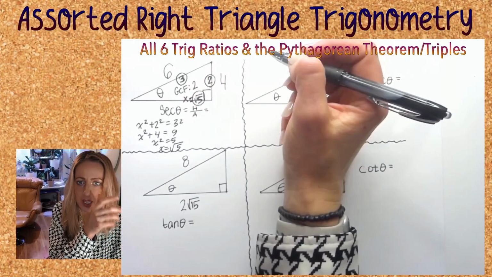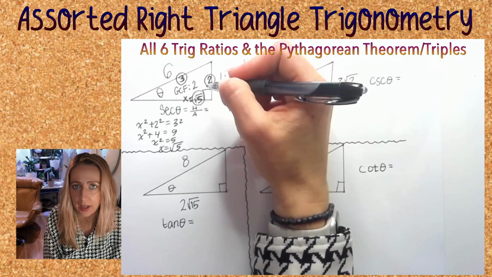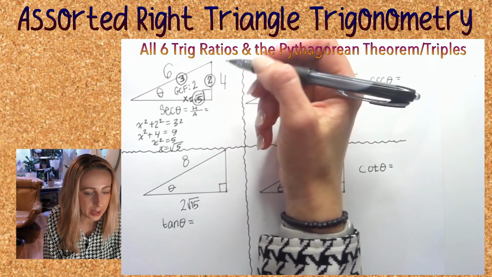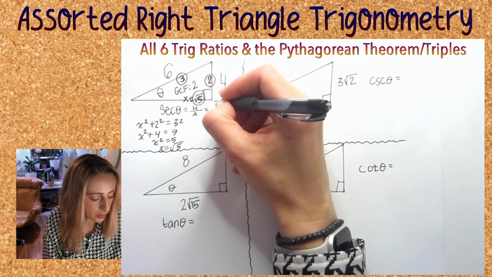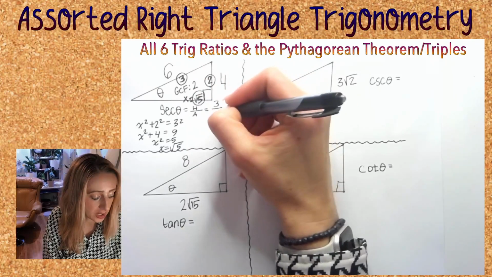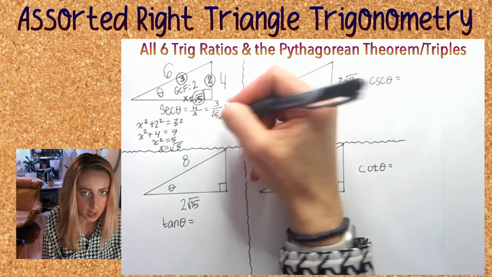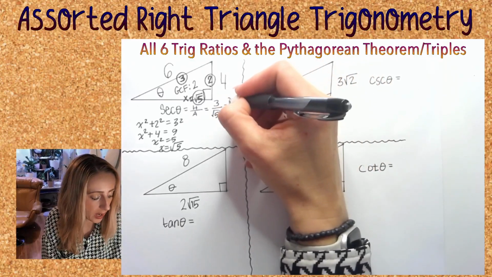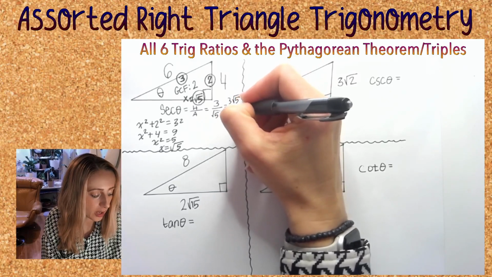You don't need to scale it back up. If you did scale this back up, the radical 5 would become 2 root 5, but you really don't need to do that. You can just use the scaled down numbers. So hypotenuse 3 over adjacent radical 5, multiply on top and bottom by radical 5, and you get 3 radical 5 over 5, and you're done.